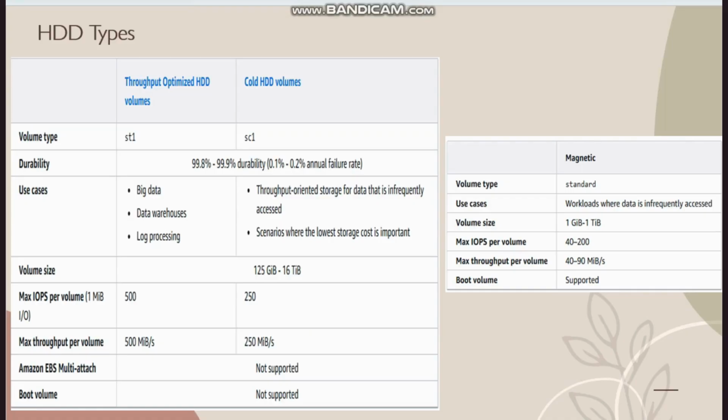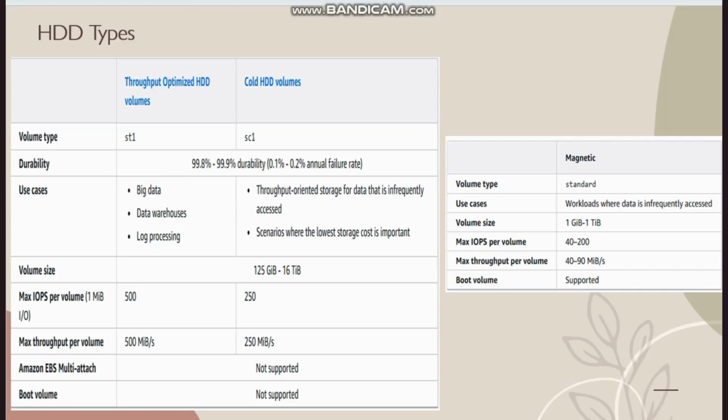The throughput optimized HDD volume is for big data usage, which means the data are collected from different resources and I want to manage it, then I can choose ST1. If I want to keep organized historical data for analysis, and I want to read and analyze system or application logs, at that time I can use ST1. And if the data are not used frequently and I want the lowest storage cost, then I can choose SC1.